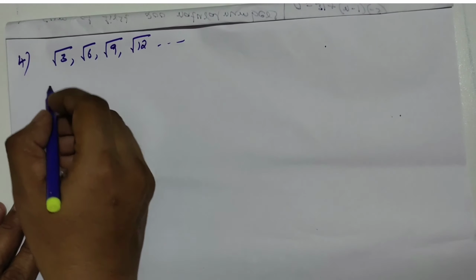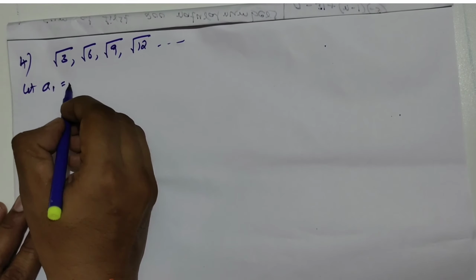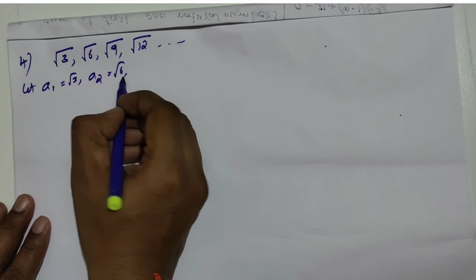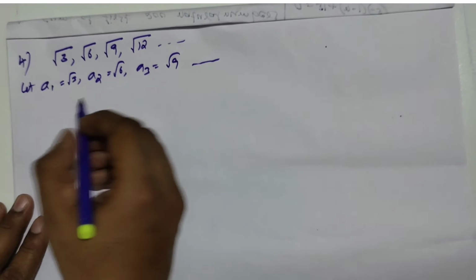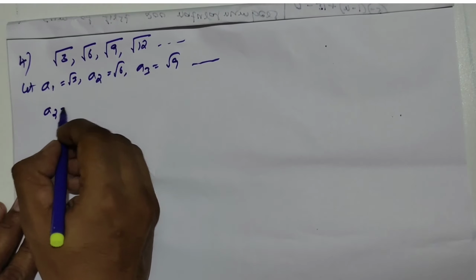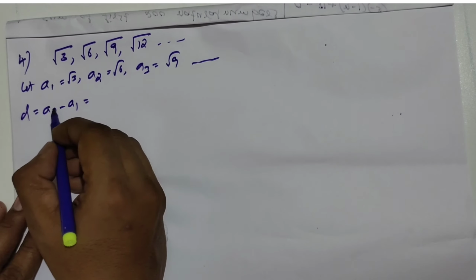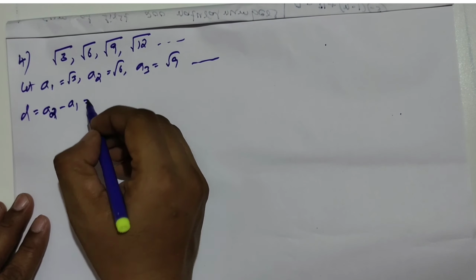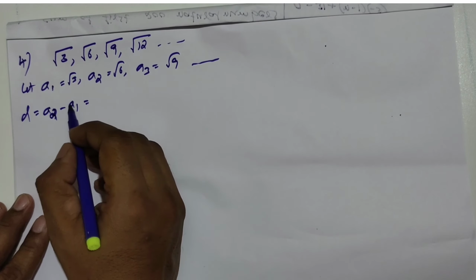We have to check. Here let us assume a1 is equal to root 3, a2 root 6, and a3 root 9, and so on. So first find a2 minus a1, that is the common difference. While checking whether the given sequence is an AP or not, we have to find just the difference of successive numbers.